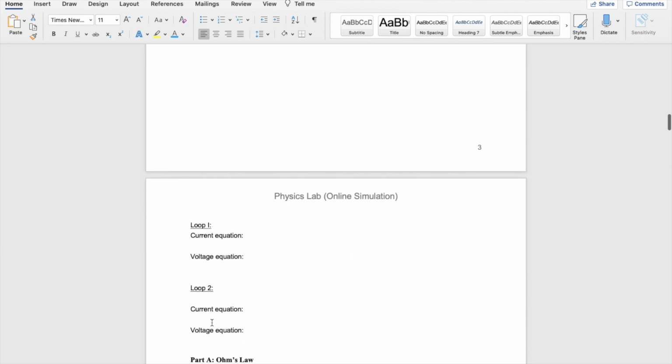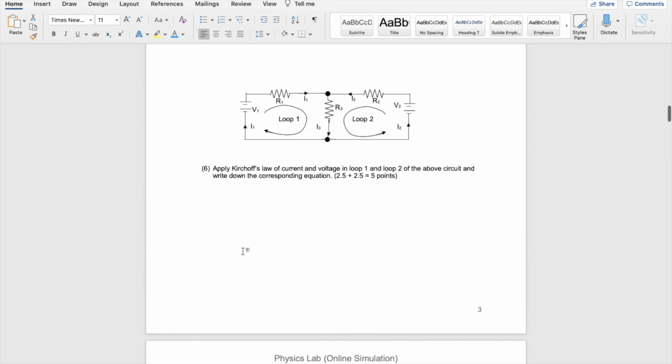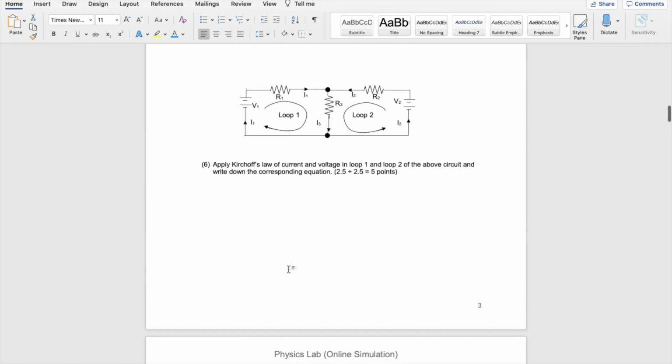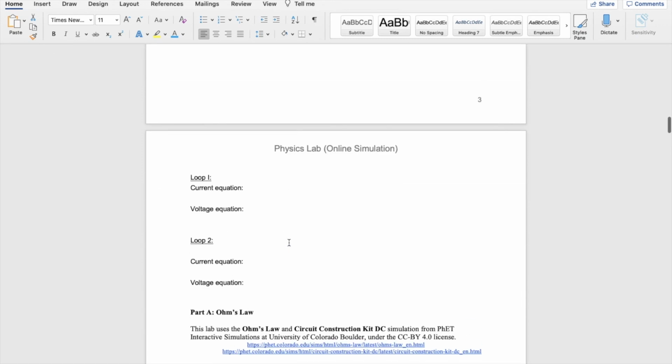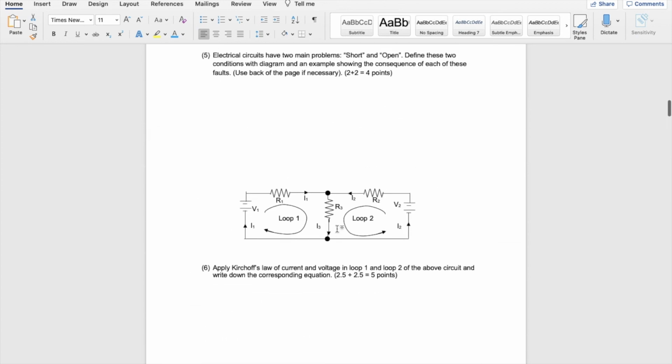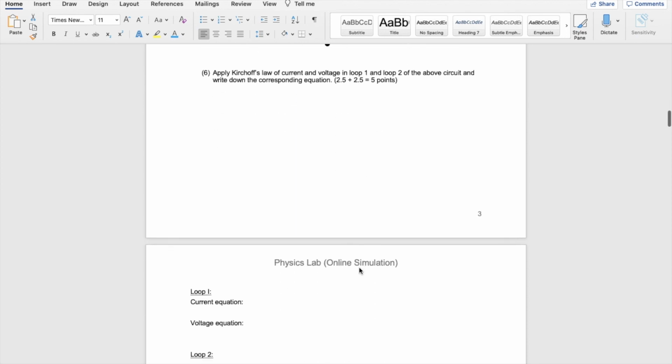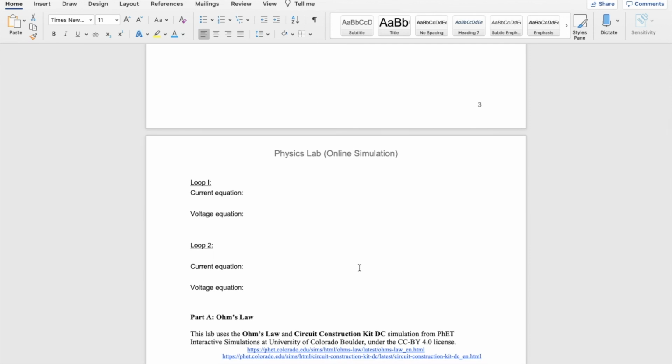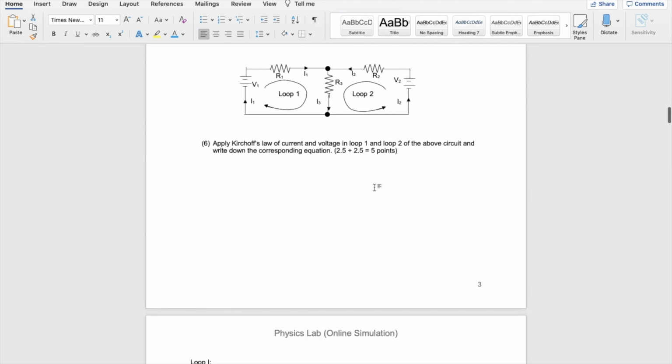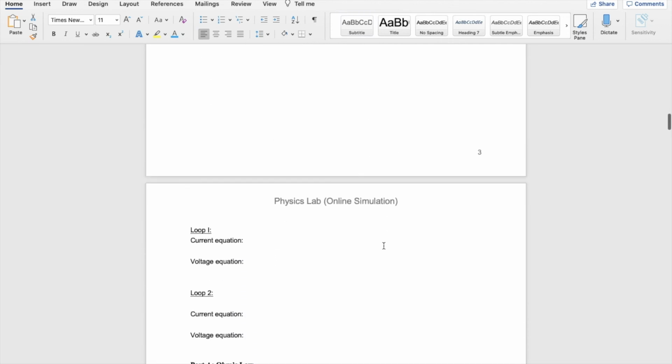The current equation will be very similar, but you can pick any two different junctions. But most importantly, write the two voltage equations, based on the loop rule for loop 1 and loop 2. Okay. You don't have to solve it for the pre-lab part. You can just show your equations here.